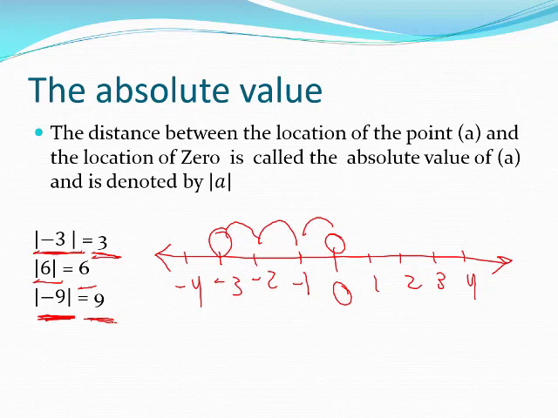The distance between the location of the point A and the location of 0 is called the absolute value of A and denoted by |A|. So when we see the absolute value of a negative number, for example negative 17, the result will be 17 because the absolute value is a distance.